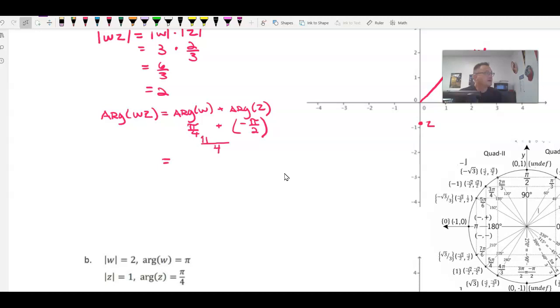So this is going to be pi/4 plus negative 2 pi/4. So that's negative pi/4. So this would be 45 degrees clockwise because it's negative.